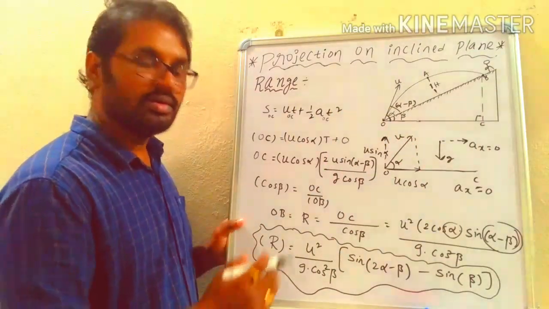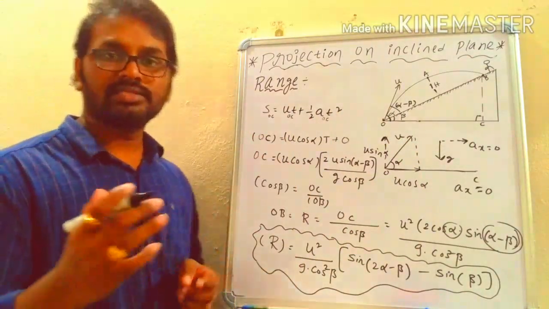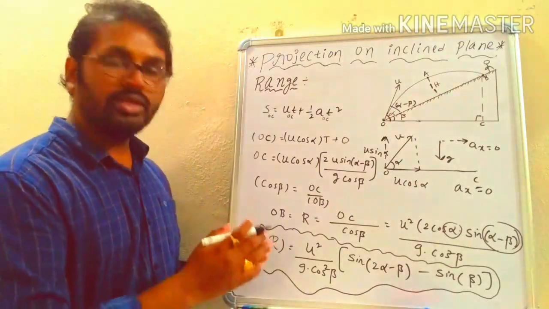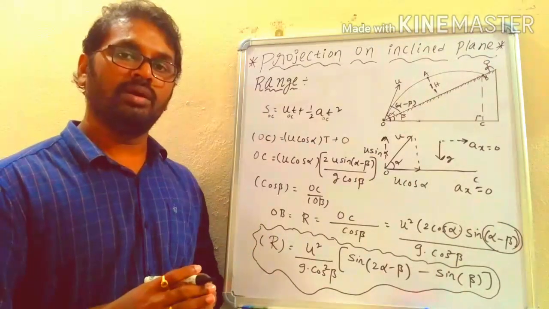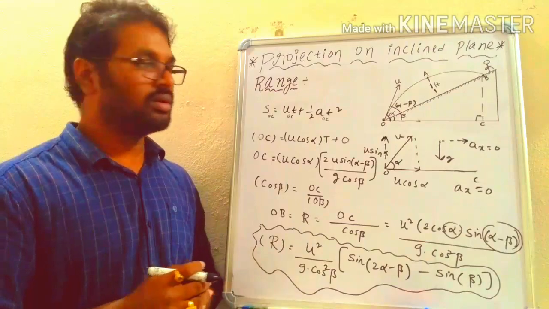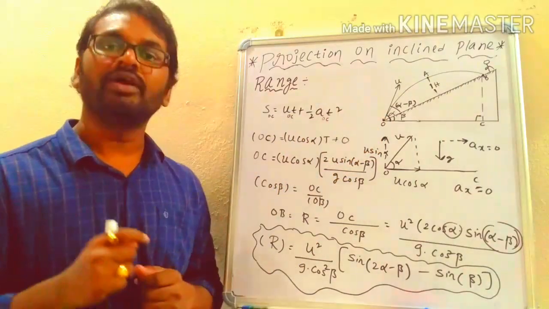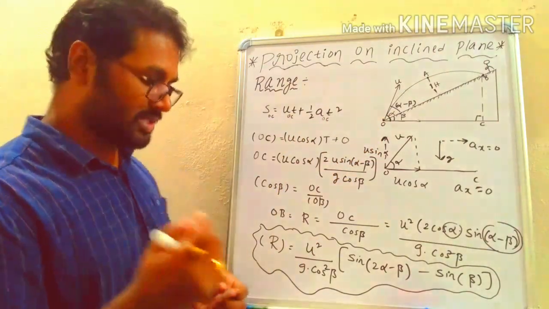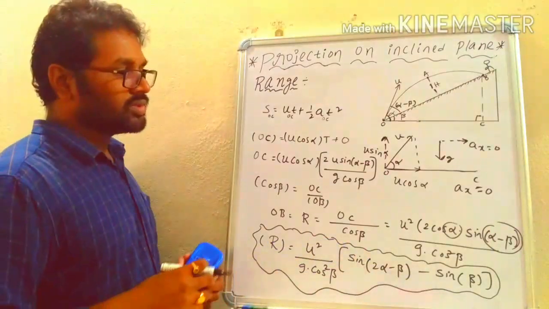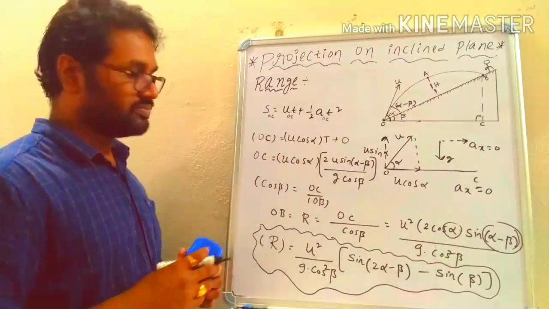So please remember this formula. The next thing is when you will get the range maximum, so what is the condition for it? How much should the alpha value be to get the maximum range? Let us see. So take a pause and write all the things.